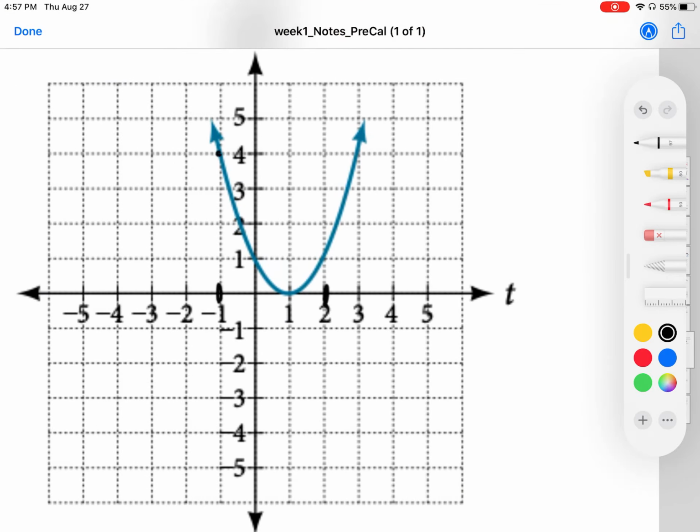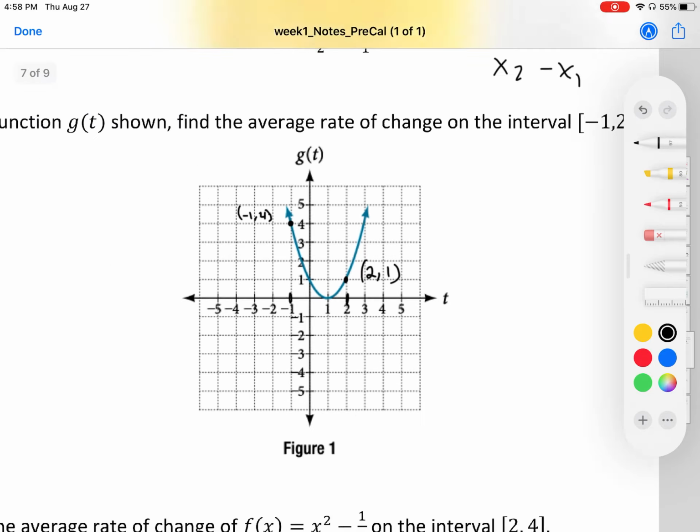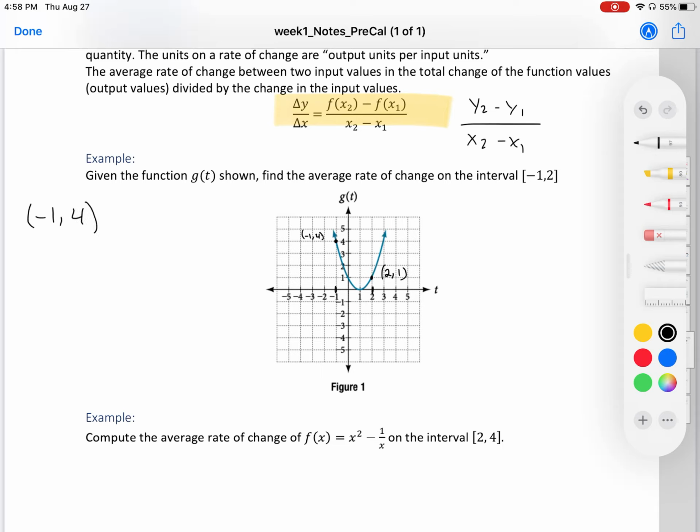At -1, I have 4. And at 2, I have 1. Right? That's where our graph meets that x point. So we now have our points to answer the question. We have (-1, 4) and (2, 1).